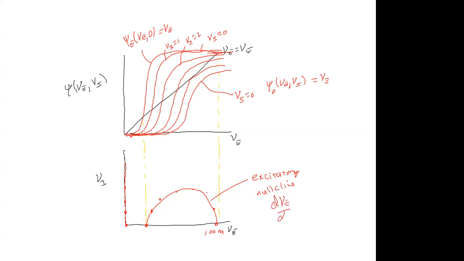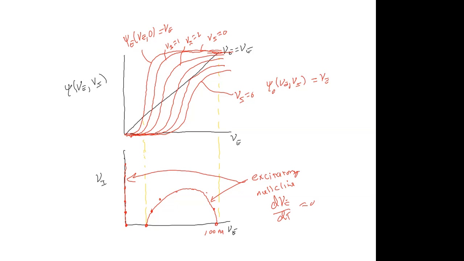d nu E/dt equals 0. If we just sat there, we would stay there forever, as long as the inhibitory firing rates didn't change. And of course, this is the excitatory nullcline, part of the excitatory nullcline. So if d nu E/dt is 0 here, on either side of this line it has to change.